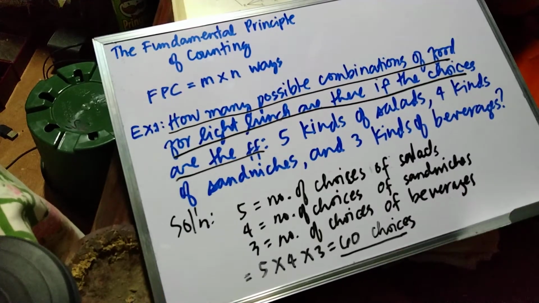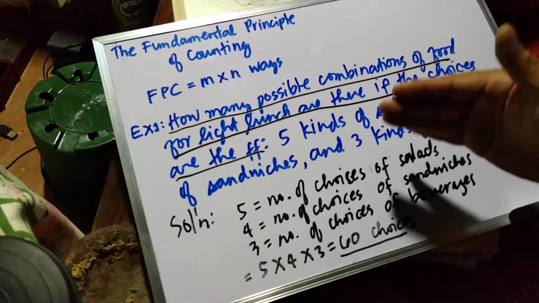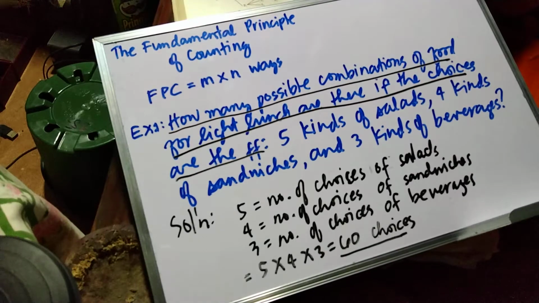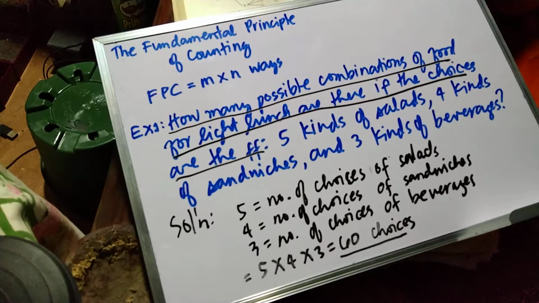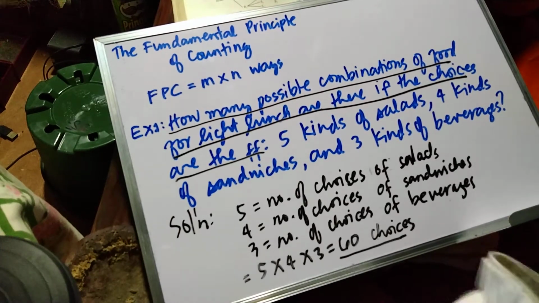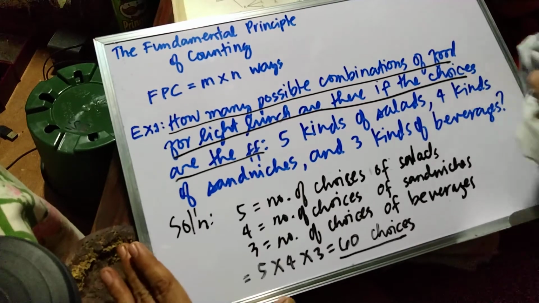In other words, you have 60 choices to get this combination of three. Simple as that. That is our first example for the fundamental principle of counting. Now I'll give you another example.